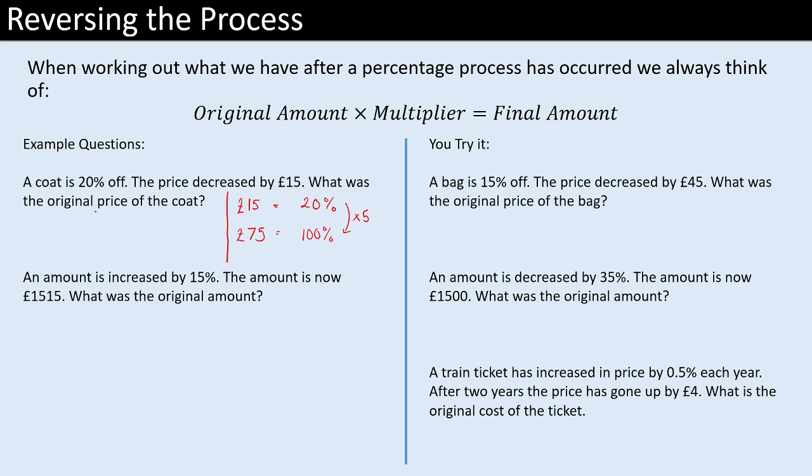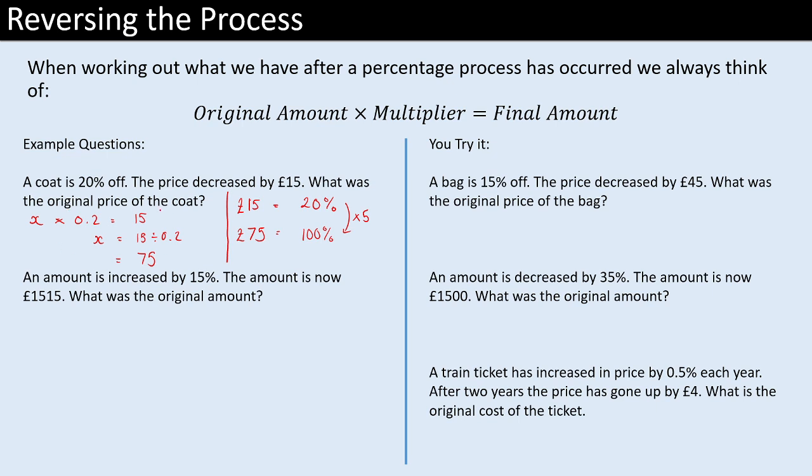Well, what we could do is we could say that because we know that 20% of our amount gives us 15, I know that my original amount that I don't know times by 0.2 equals 15. Now, if I was trying to work out what this mystery number is, I could do 15 divided by 0.2, which will be 75.